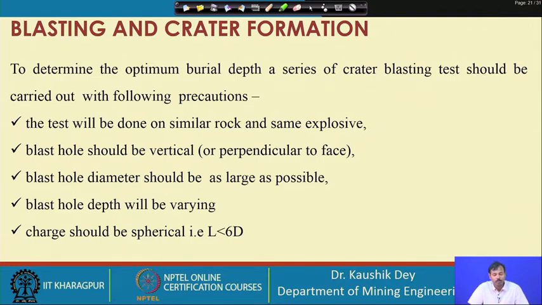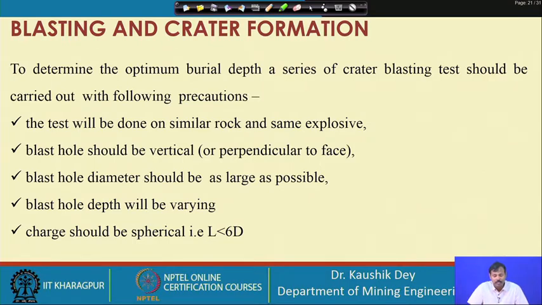Blast hole diameter should be as large as possible, which is utilizable for our purpose, because there is a constraint of the critical diameter also. So, we should overcome that one. Not only that, our L by D ratio will give us the optimization of the charge length also, and hole depth we should vary, and the charge must be a spherical one.